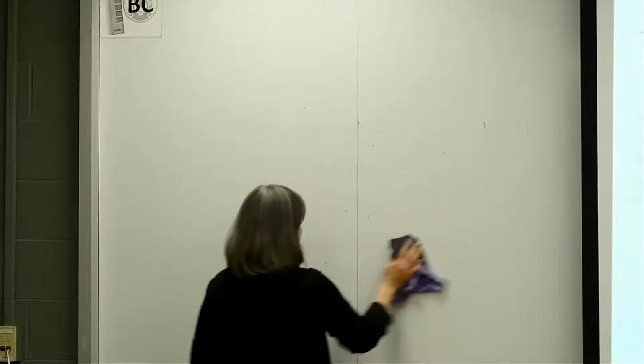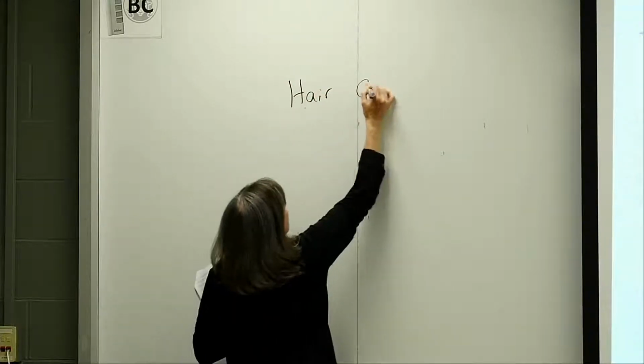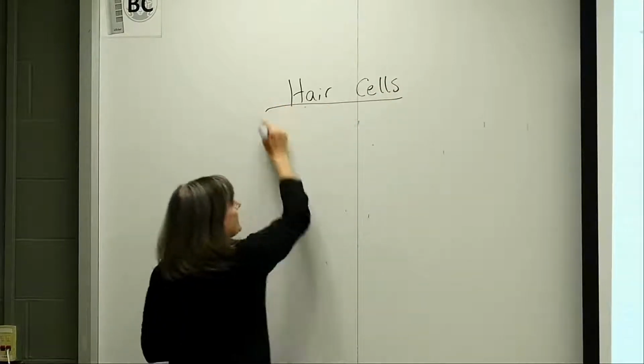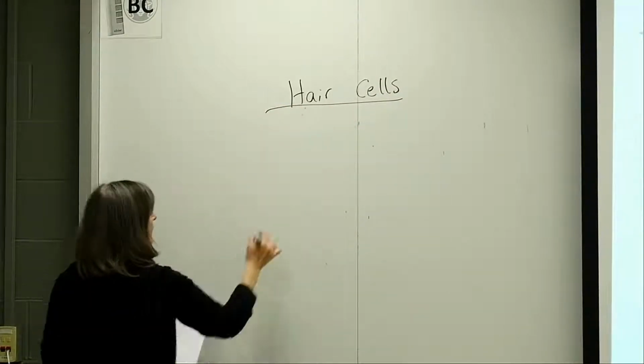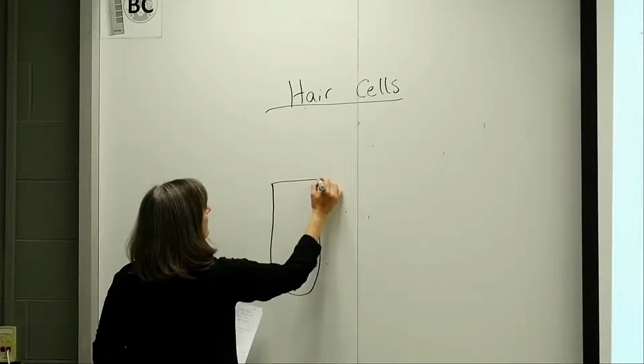Board is hard to erase. Okay, so these are hair cells. And those are our sensory cells. And I'm going to draw a couple of them. So they look something like this.